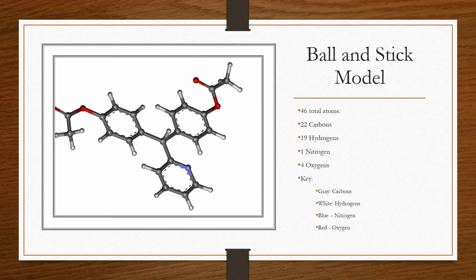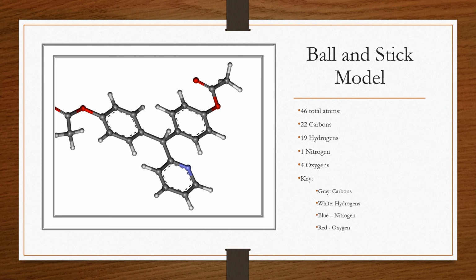Now we just take a look at a ball and stick model. So when we look at Bisacodyl, it is carbon 22, hydrogen 19, nitrogen, and oxygen 4. So that is a total of 46 atoms.